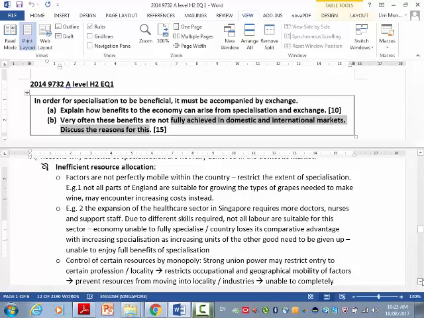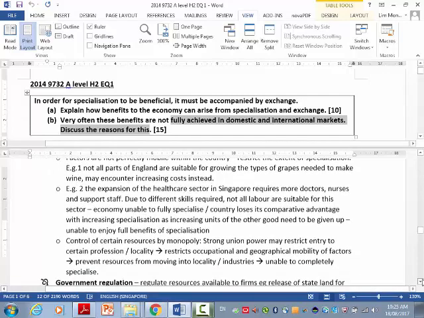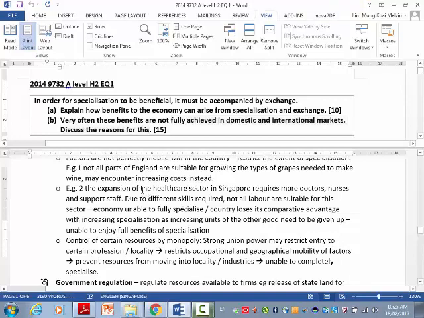But to produce wine, you need to have grapes. You need to grow your grapes and so on. So not all parts of England are actually suited, because of the climate. So that is one possible hindrance. Another possible problem is the opportunity cost here could have changed.